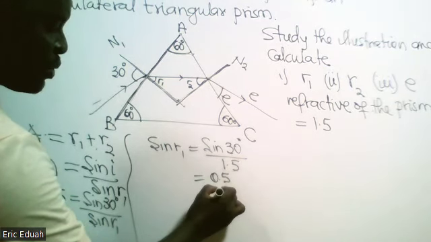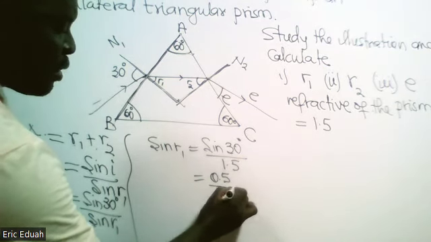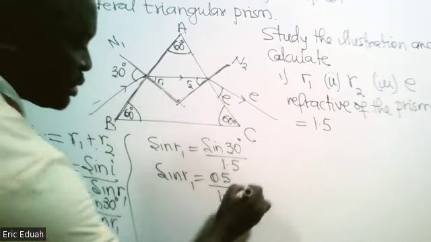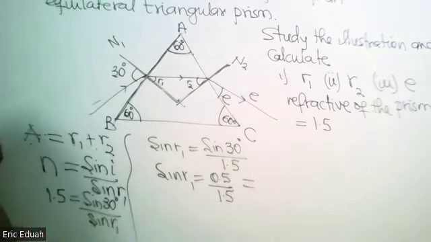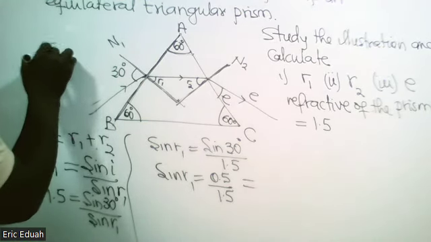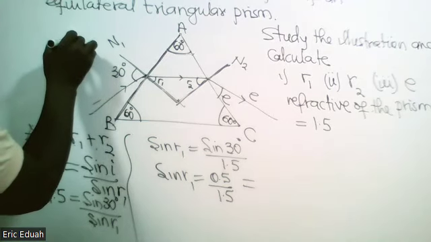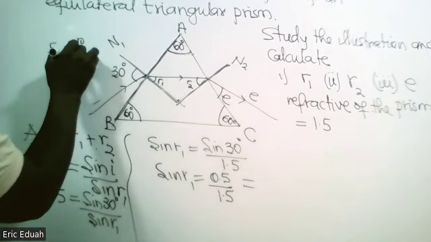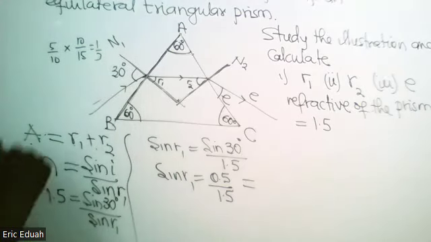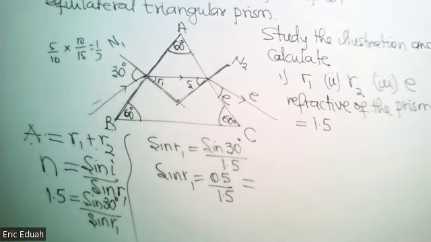So I have 0.5 divided by 1.5. Take this ratio for me. 0.5 divided by 1.5. 0.33. So this is equal to, okay, 1 on 3.